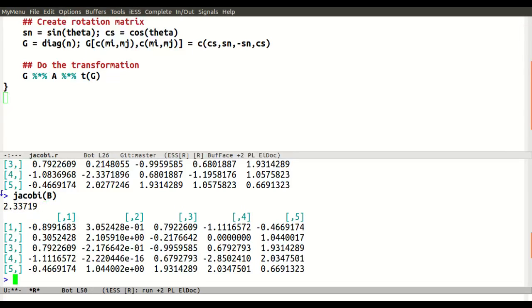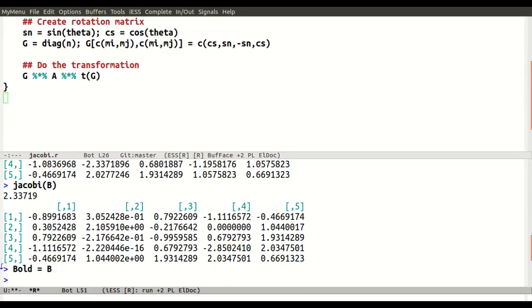So what I will do is I will store B as old B, so that if I later need to work with it, I will be able to use it. And now I will write for i in 1 to how many steps? Suppose I do 100 steps.